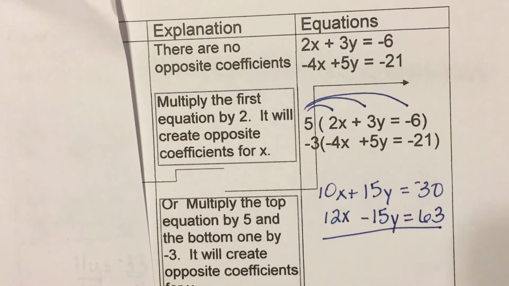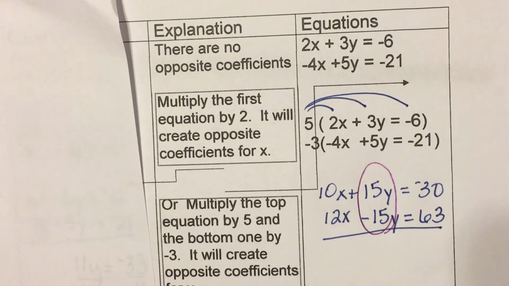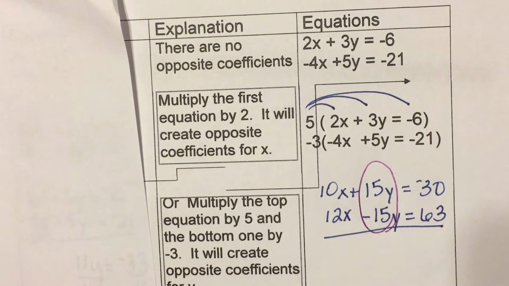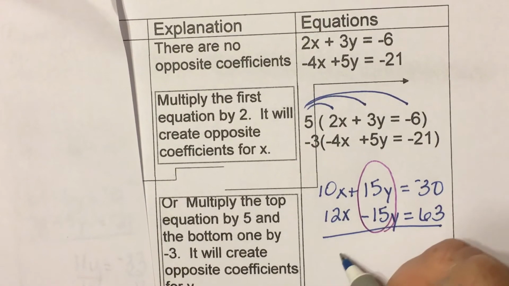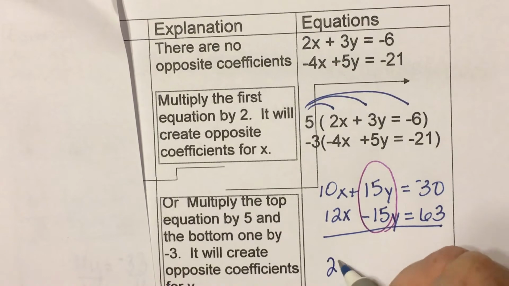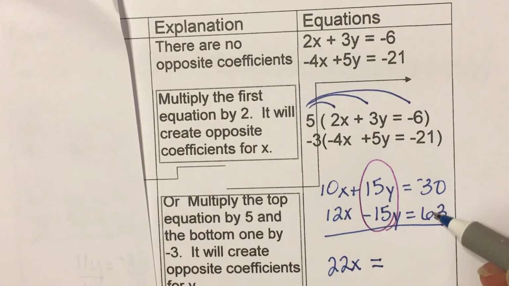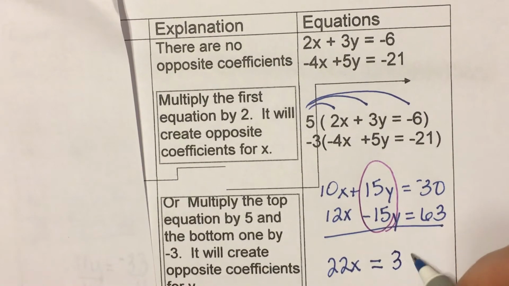Now, look where those nice little opposite coefficients show up, right there. And notice I'm circling them. What number does it kind of look like that circle is? A 0, because it's 0y. So that's why I like to do it like that. Now I add the other two, so that's 22x equals, now -30 plus 63 is 33.